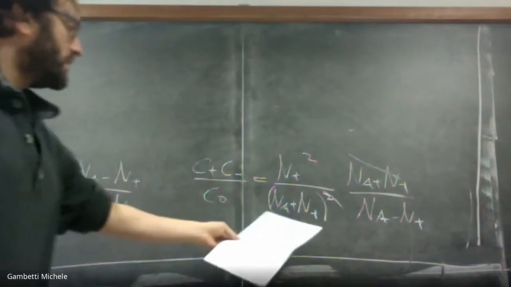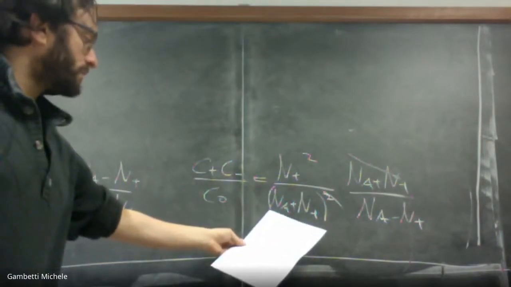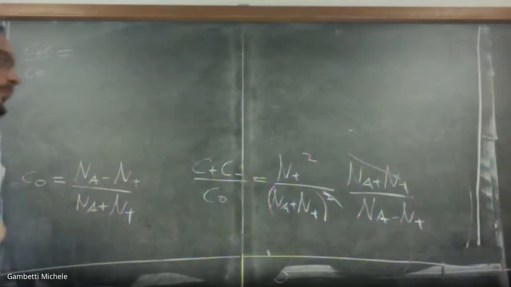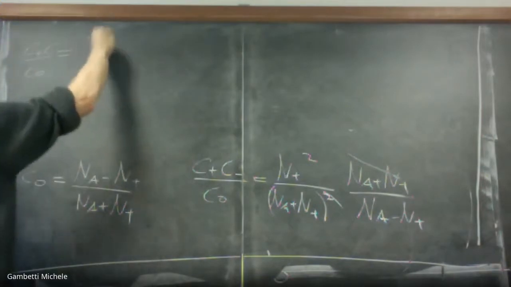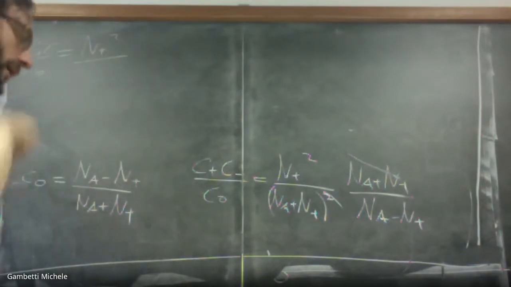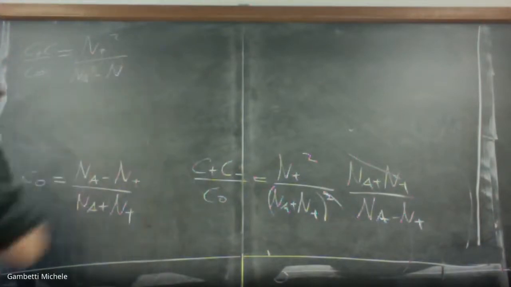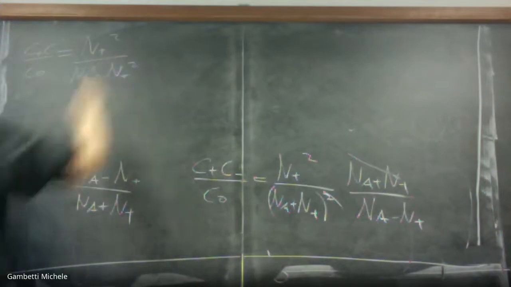So let me see. Here you have N plus squared, so C plus C minus C0 is N plus squared divided by Na squared minus N plus squared.